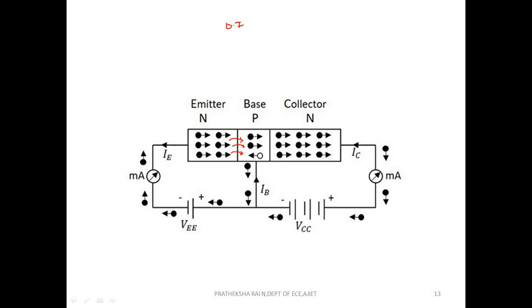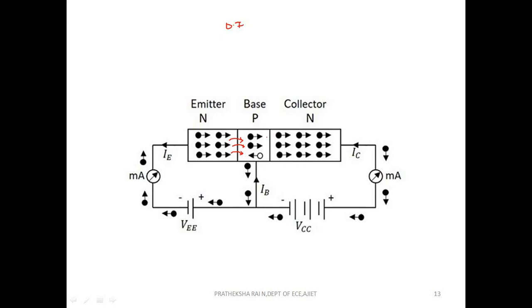Very few of the electrons recombine with these holes, and those electrons get attracted towards the positive side of the supply VEE. So understand that electrons will move towards the base region and that provides the base current.